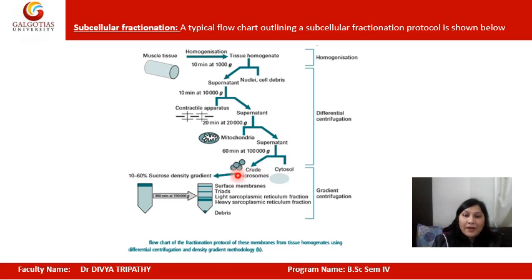Now, these crude microsomal fractions will have different types of microsomes which are similar in size but different in density. So this fraction will be subjected to density gradient centrifugation.